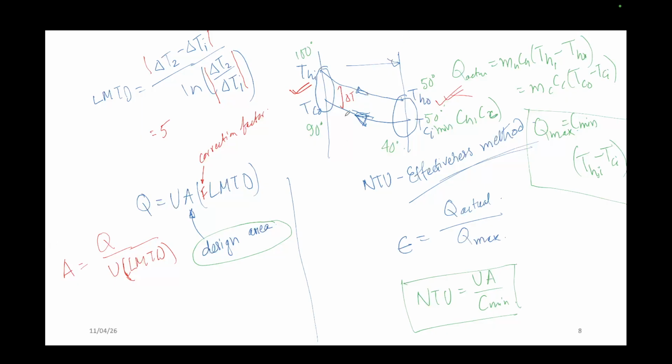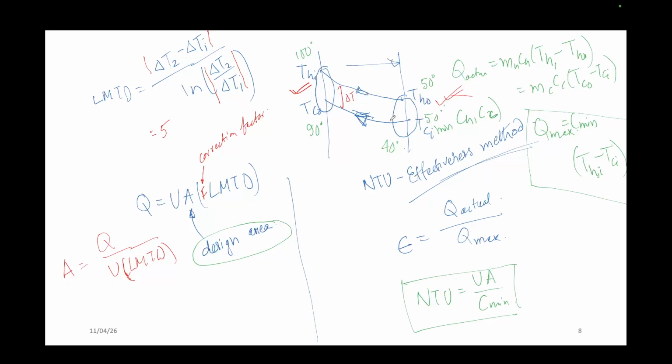That means if the conditions in the parallel flow and the counter flow are the same, like the inlet temperature and outlet temperature, you would expect the LMTD value calculated from the parallel flow and from the counter flow to be the same, right or wrong?